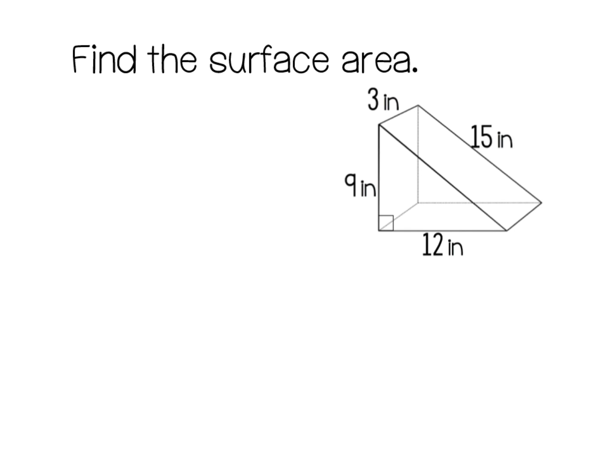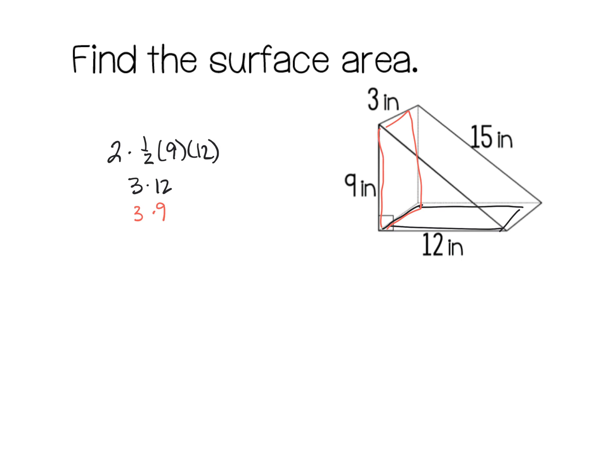Here's another scenario where sometimes you'll have doubles and sometimes you won't. For instance, I have 2 triangles, one on the front and one on the back. So I have 2 times 1/2 base times height, where my base is 9 and my height is 12. But then I have what it's sitting on, which is a 3x12. I have this part that's standing up, so it's a 3x9.